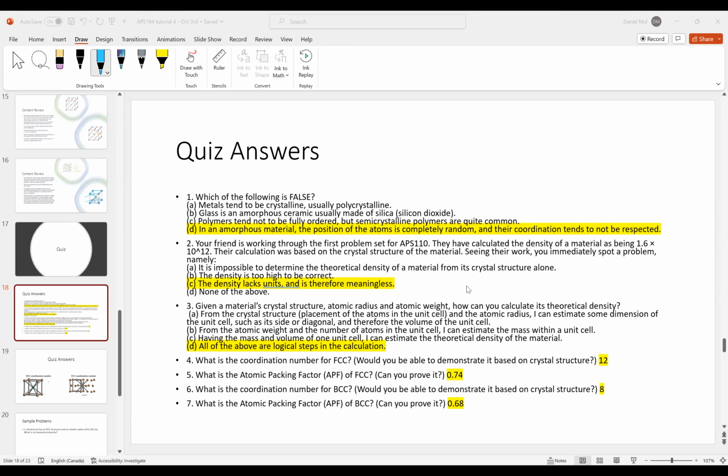So there's still positions of atoms. It's not completely random. It's more of a mix of positions, right? So let's say if we take an FCC and we mix it with a BCC, there could be a percentage of, let's say, 40% FCC, 60% BCC, but there's still positions, right? It's just that now you have an amorphous structure because you're mixing two things, right?